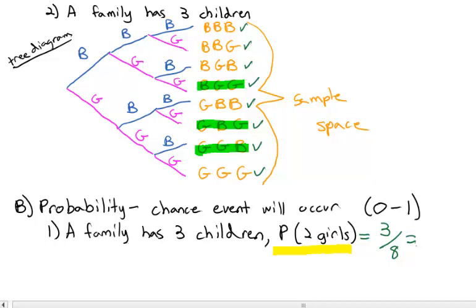Now, probability can be either expressed as a fraction, a percent, or a decimal. Our textbook seems to prefer fractions. I think fractions are very misleading because it's hard to compare fractions to each other.